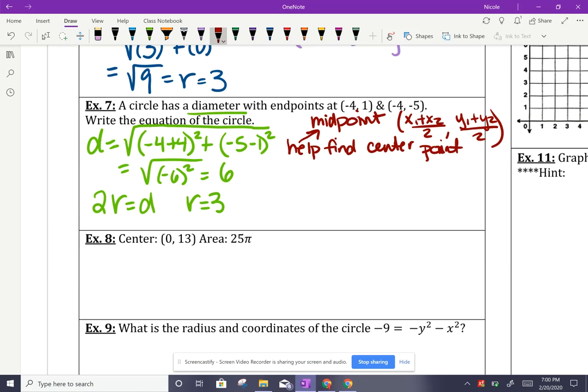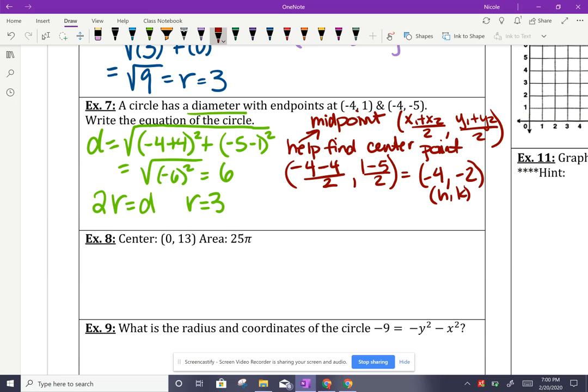I'm going to plug them in here. Negative 4 over 2 and negative 5 over 2. And that's going to give me negative 4. So my center point is at negative 4, negative 2.